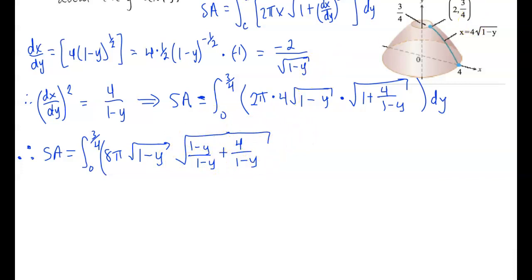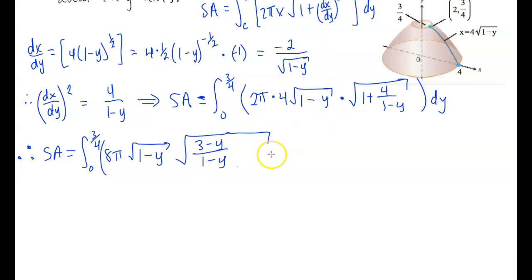So I'm going to erase this and then simplify it just to save some space here. We're going to rewrite this as just 5 minus y all over 1 minus y. And again, here we know that if we have the square root of 5 minus y over 1 minus y, we can rewrite that as the square root of 5 minus y over the square root of 1 minus y.